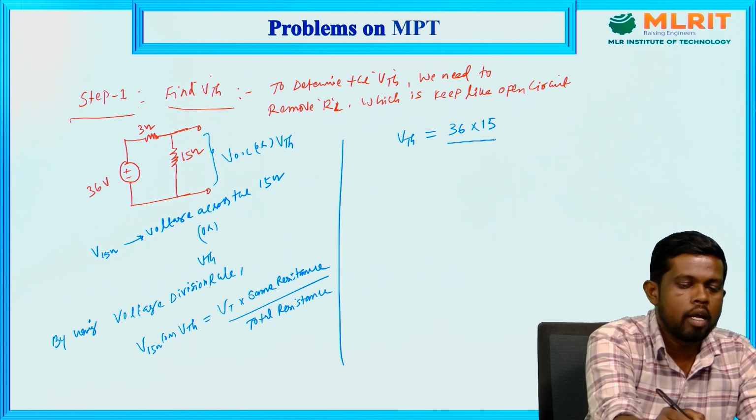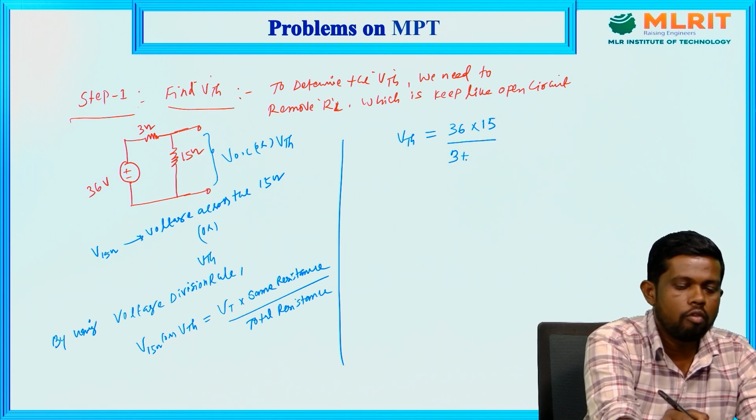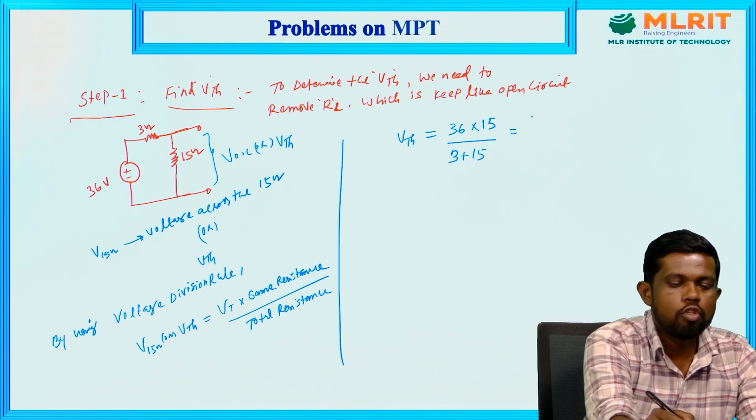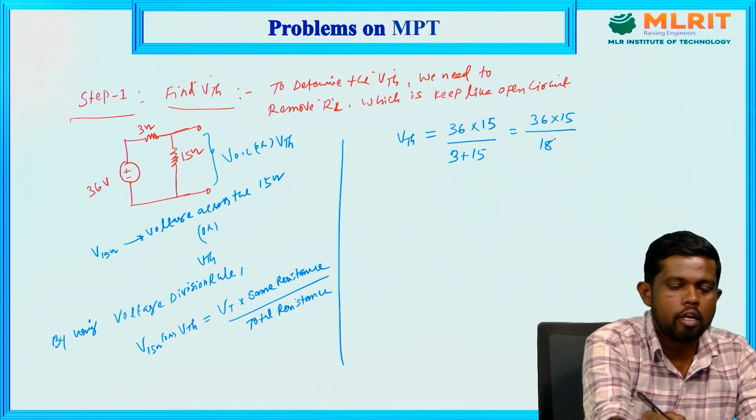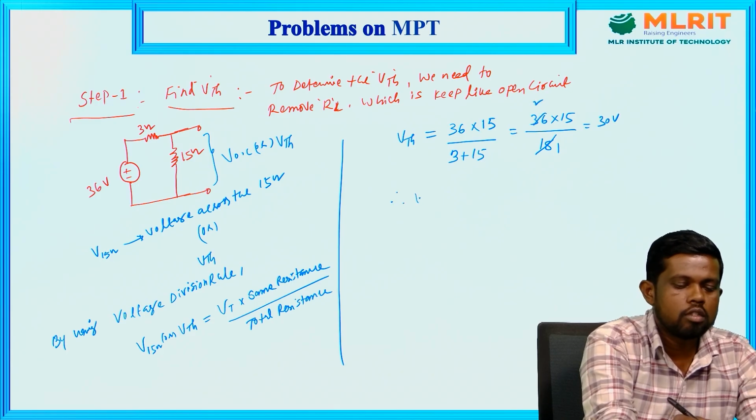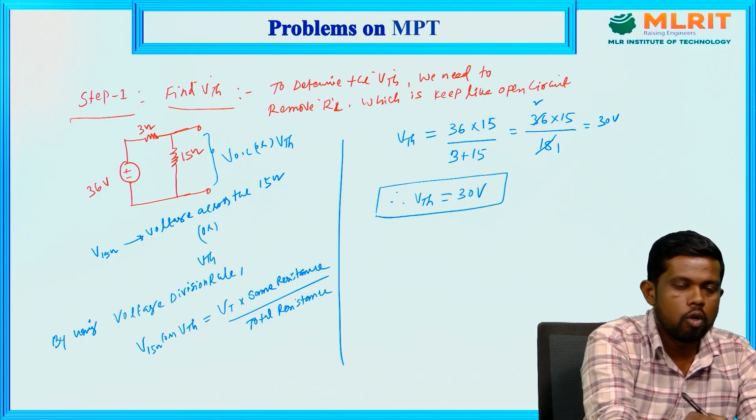So VTH equals 36 into 15 divided by 3 plus 15, which is 18. 18 goes into 18 once, and we get 30 volts. Therefore the Thevenin voltage of the above circuit is 30 volts. So this is the VTH value.